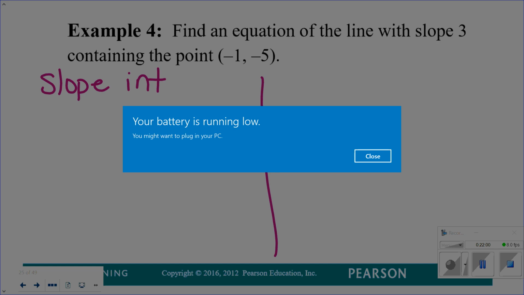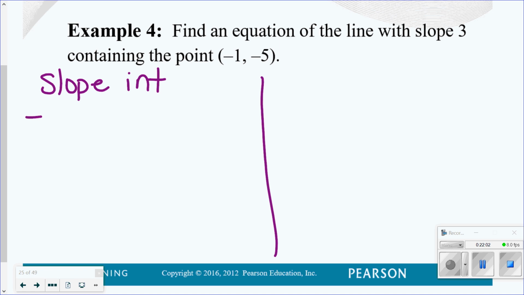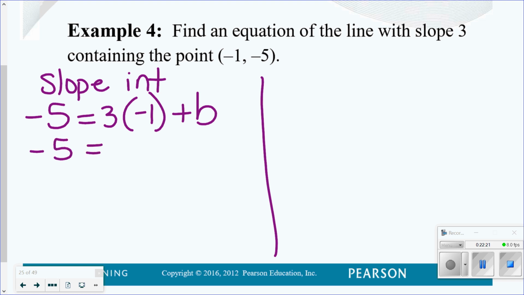So on this side, we're going to say -5 equals our slope, 3, times -1 plus b. So we have -5 equals -3 plus b. We're going to add 3 to both sides. We want to get b by itself. So adding 3, we get -2 equals b.